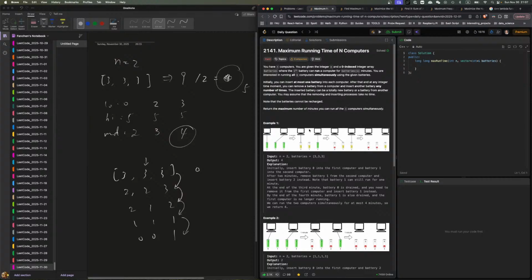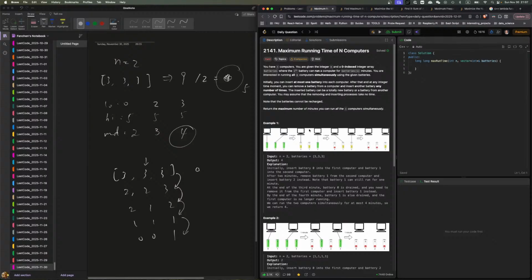And if we sort them from large to small, then we know, and we don't drain all of them, right? So we drain as much as we can, but we leave at least 1 minute left in the smallest. So that is the first drain, right?